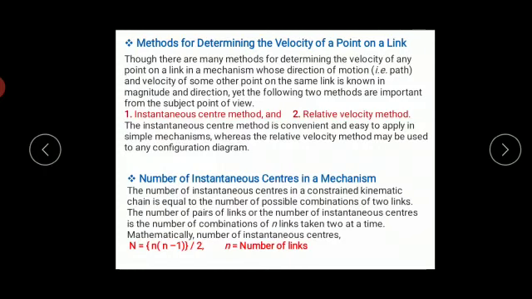Each configuration of the link has only one instantaneous center and it changes with alteration of the mechanism. Meaning if I have link 1 and link 2, then the instantaneous center will be written as I12, and it changes with respect to the alterations of the mechanism. It means that if there are any changes in the dimensions of the links of the mechanism, then the instantaneous center will change, and also with respect to the motion of the mechanism.